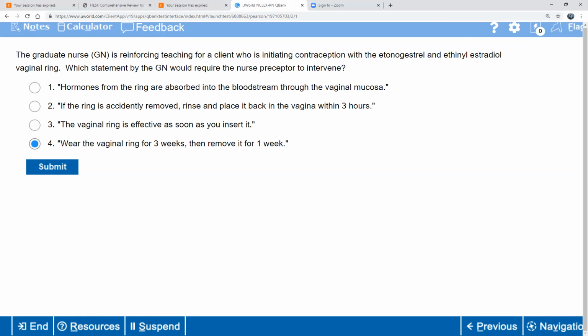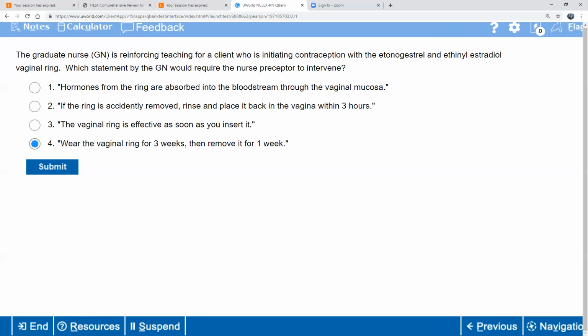Why do we have to wait? Accidentally removed, rinse it and put it back in the vagina within 3 hours? Yeah. Could be a possible answer. Yeah, I'm thinking, okay, why 3 hours? Okay, I'll go with 2 for now.